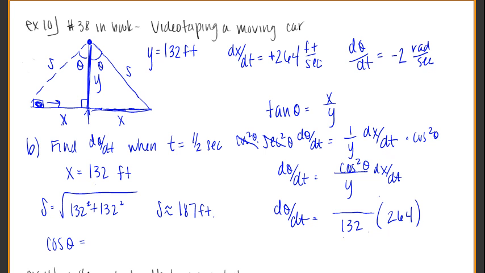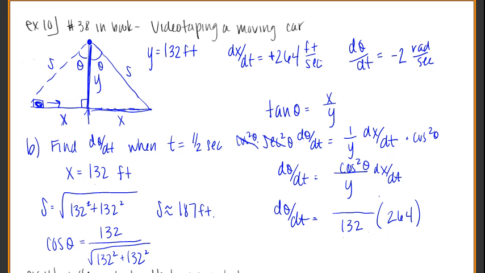Well, cosine theta is adjacent, which is y, over hypotenuse, which is s. Well, y is 132. s, which was the square root, if I want to go ahead, I can put in there this 187, but let's see if we can get it without too much of a rounding error. So it's going to be the square root of 132 squared plus 132 squared.